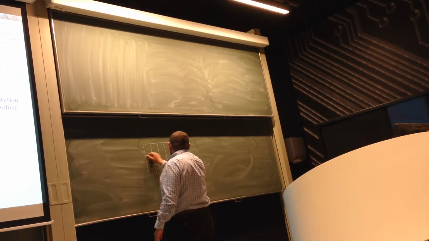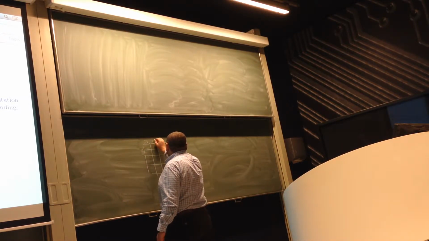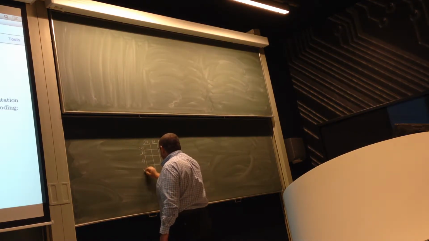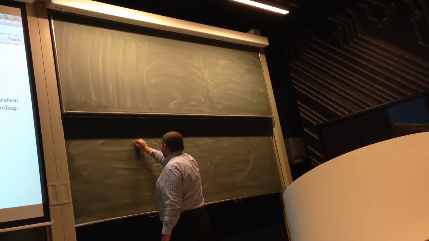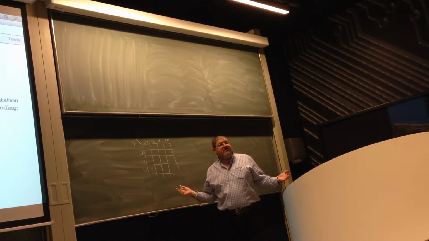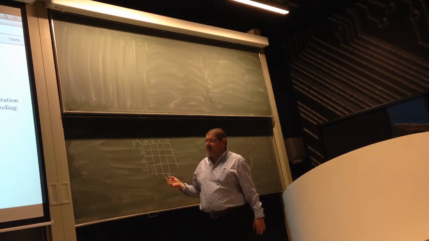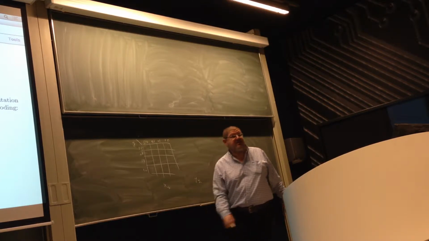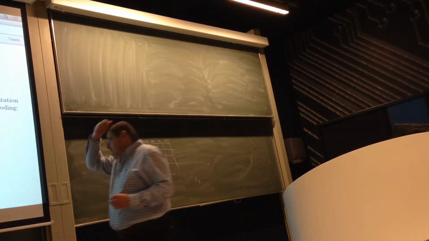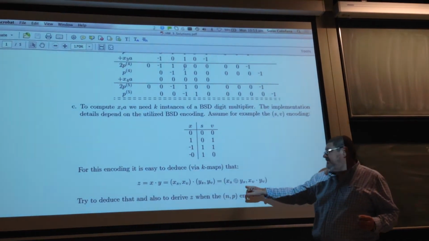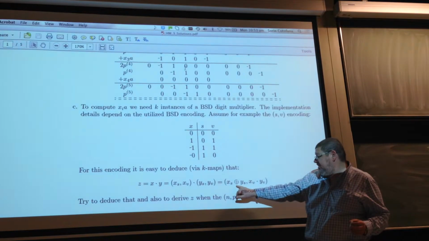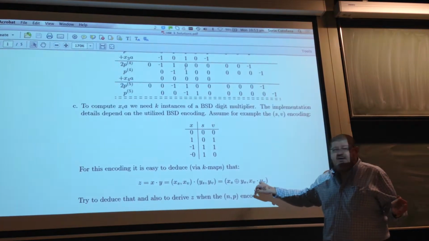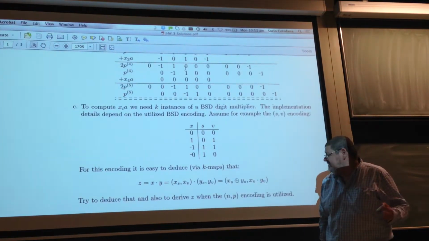Okay, 0, 0, 0, 1, 1, 1, 1, 0, 0, 0, 0, 1, 1, 1, 1, 0, and I put here X and Y, and then I have to make two such maps and fill in the value of XS and YS, and then do the minimization. Now, for my encoding, this is the result. The sign is actually the XOR of the signs, which is kind of intuitive, and the magnitude is the product of the values.